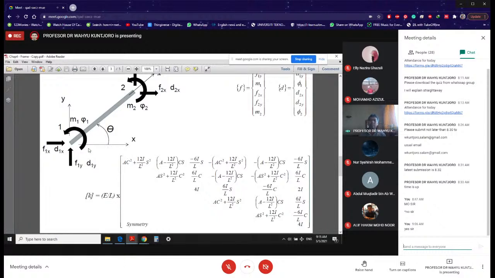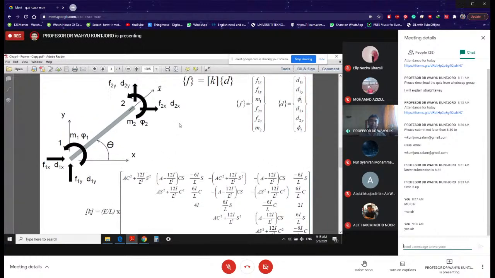What about C and S? Those are cosine and sine. So C squared means cosine squared. And of course, as what we have discussed before, theta is measured from positive x global to positive x local. And the reason why we can write F1, F1, M1, F2, F2, M2, so 1, 1, 1, 2, 2, 2, is because it begins with 1 followed by 2.